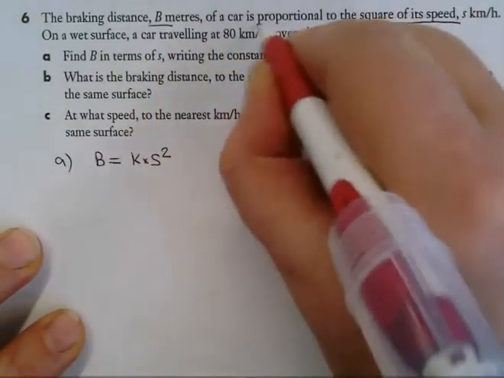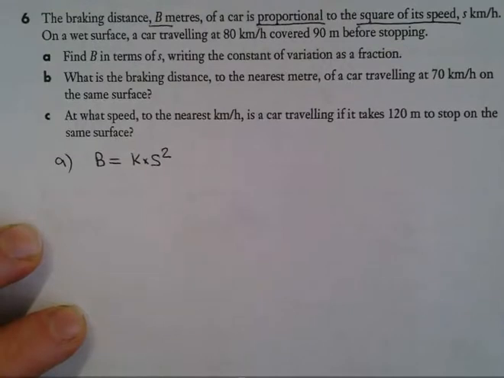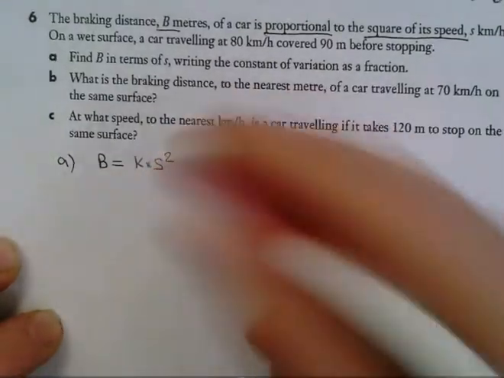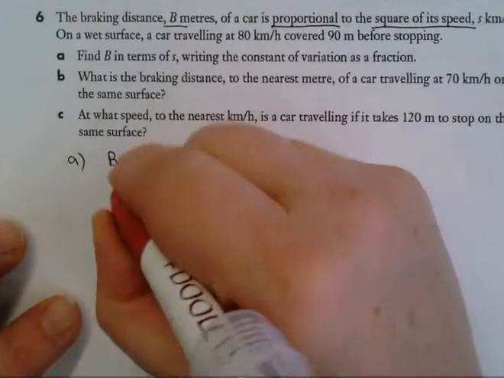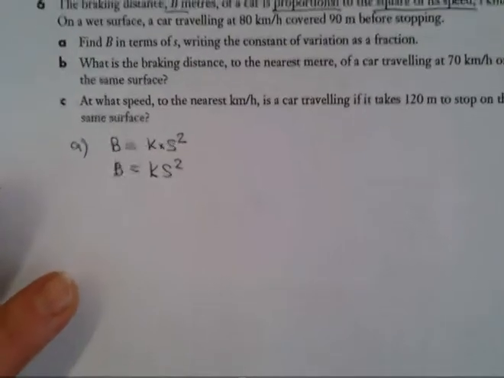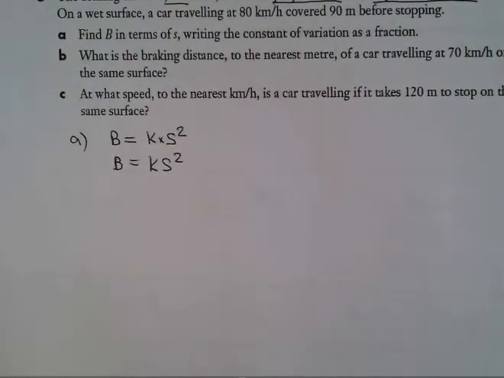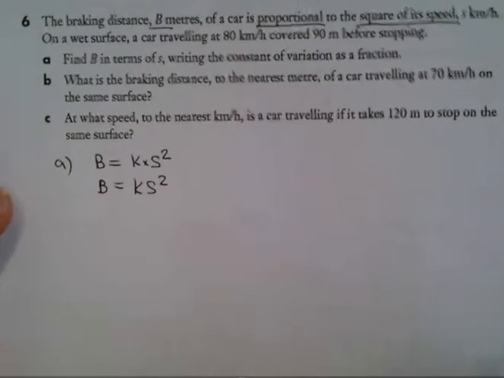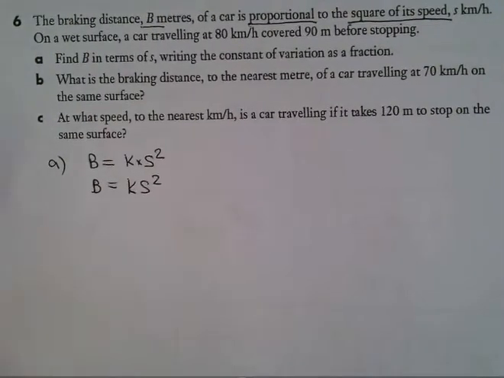B is proportional to, or varies directly with, remember, proportional means varies directly with, the square of its speed. So B equals kS squared, or k times S squared, same thing. Can you see the difference? Instead of just B equals kS, it's B equals kS squared, the square of the speed.